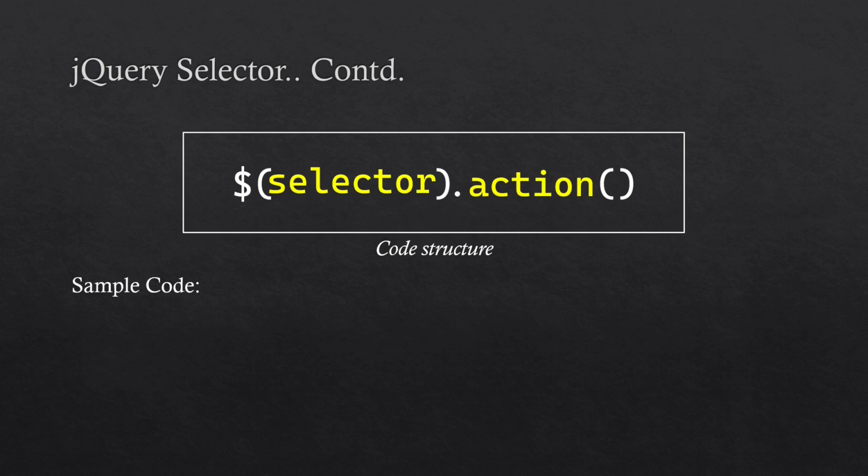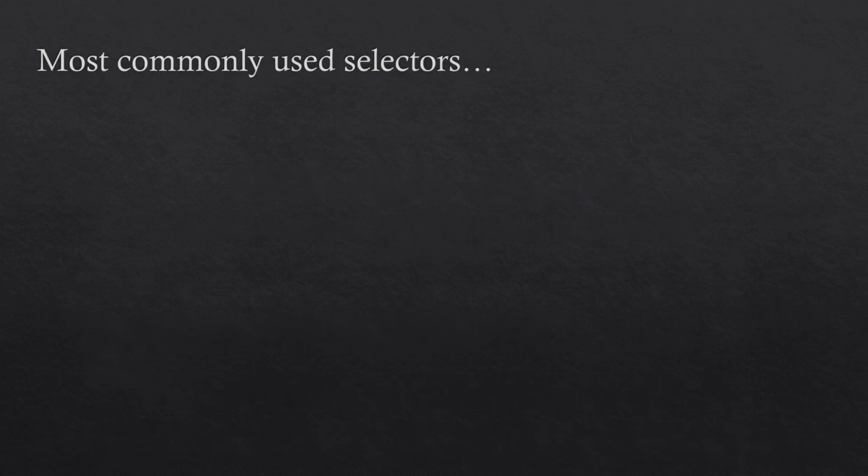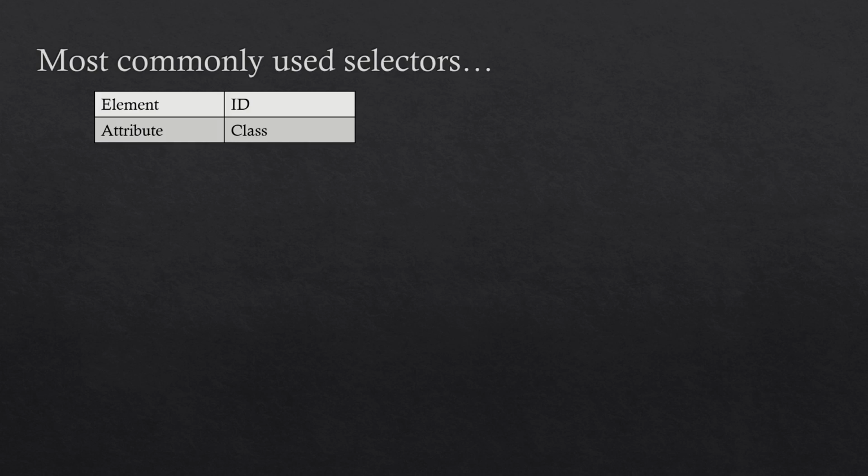Now let me show you a few sample codes which can give some idea of the jQuery selector with its wide range of usage. Now let's find out the most commonly used selectors in jQuery. You will notice that in most cases we'll use any of the 4 HTML attributes to find and select any specific element from the pages.